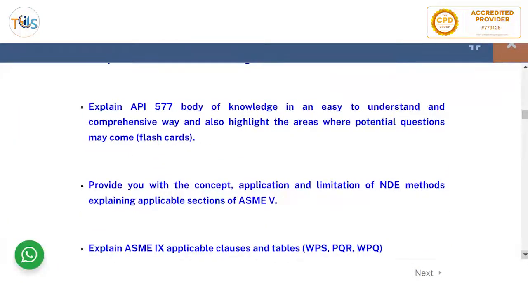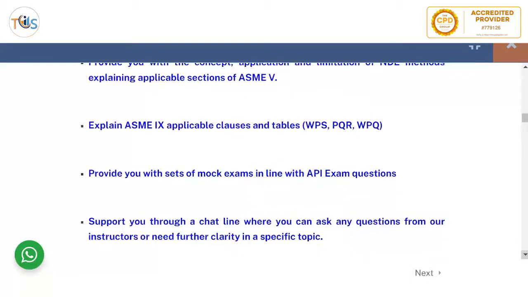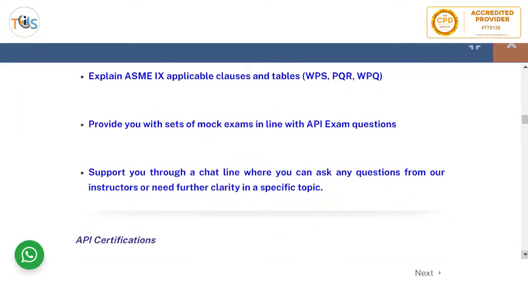Explain the API 577 body of knowledge in an easy to understand and comprehensive way, and also highlight the areas where potential questions may come in the form of flashcards. Provide you with the concept, application and limitation of NDE methods, explaining applicable sections of ASME Section 5, explain ASME Section 9, applicable clauses and tables, WPS, PQR, WPQ.